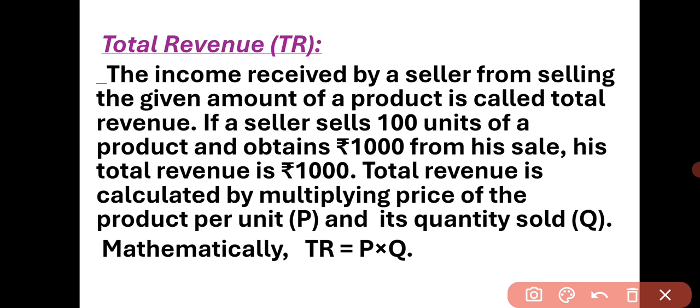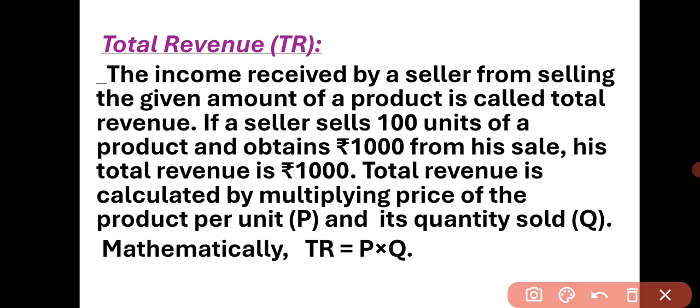If a seller sells 100 units of a product and obtains 1000 rupees from his sale, his total revenue is 1000. By selling 100 units and getting 1000 rupees as his income after selling a certain amount of goods, that is known as total revenue.